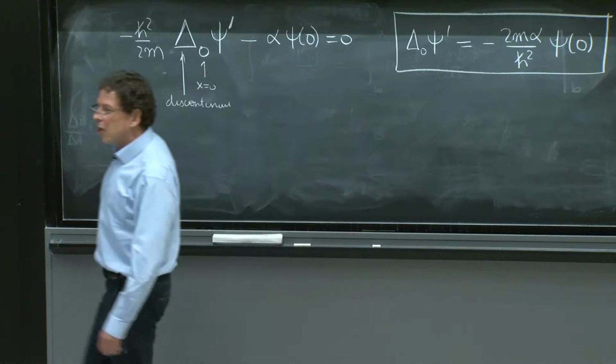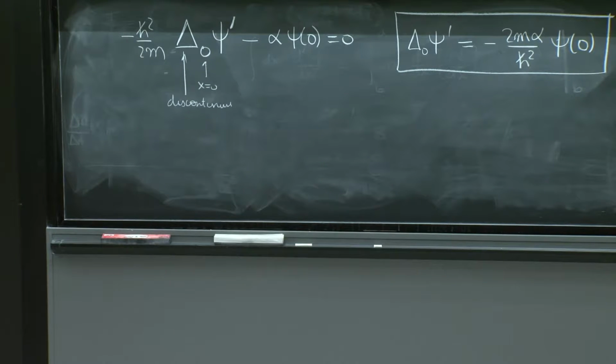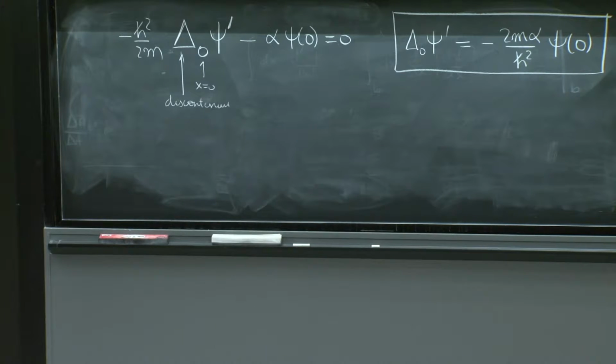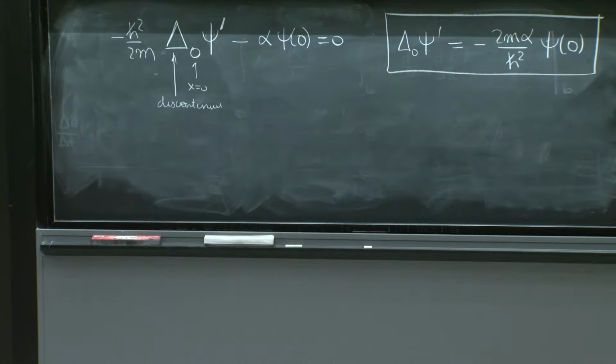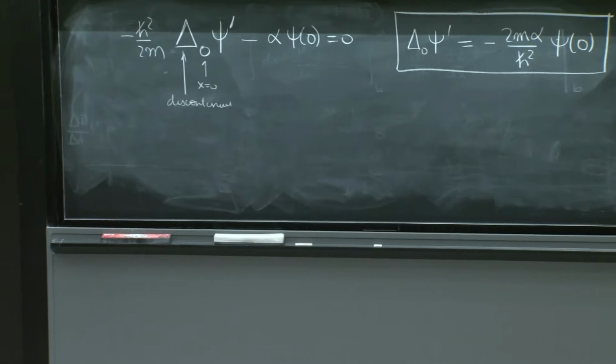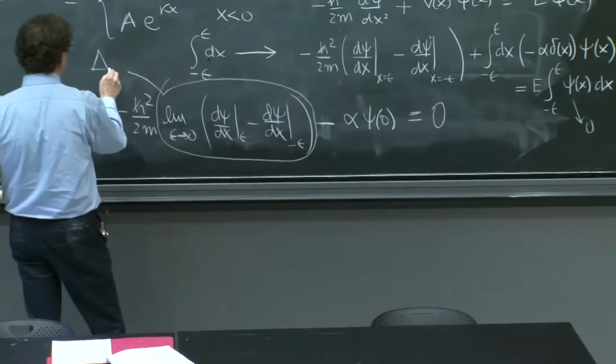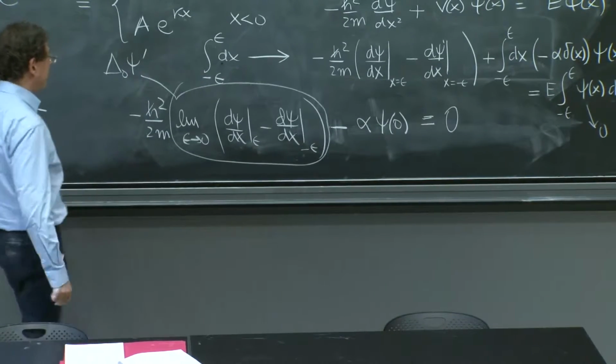This is the discontinuity condition produced by the delta function. This whole quantity is what we call delta 0 of psi prime.